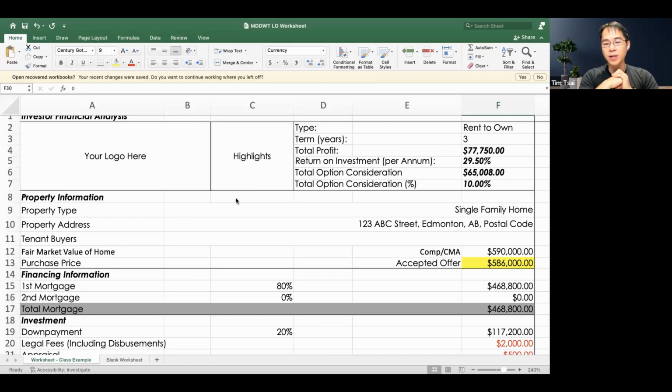So once again, if you take a look at the quick summary box right up here, it's a lease option, a rent to own, and it's a 3-year deal, and the total profit is $77,750 over 3 years. As a result, your average ROI per year is 29.5%.